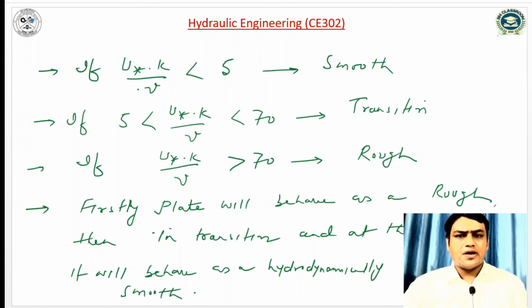So this is the dimensionless parameter u star into k by nu, and if the value of this parameter is less than 5, then our plate behaves as smooth. If the value lies between 5 and 70, then it will be in the transition phase, and if the value of u star k by nu is greater than 70, then it will behave as rough. I told you that firstly the plate will behave as rough, then in transition, and at the downstream it will behave as hydrodynamically smooth.